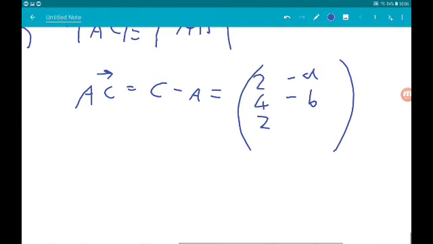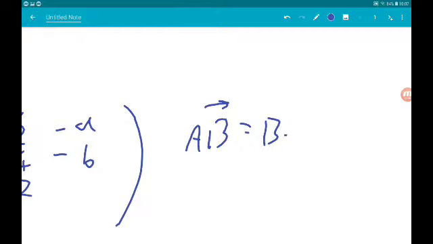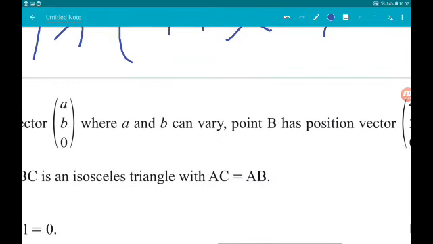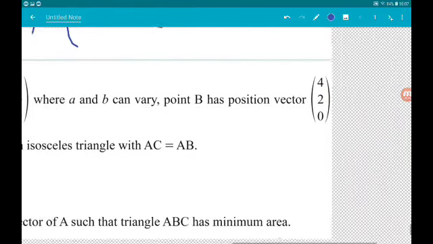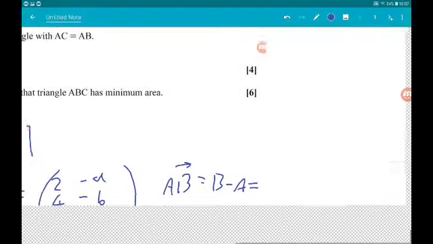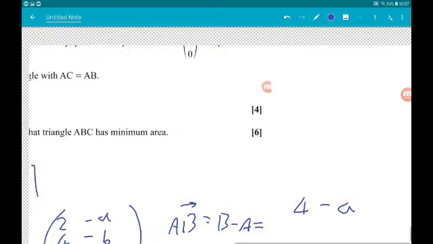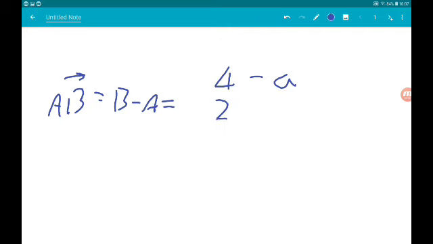Now let's also find AB. So AB is B minus A. So that is (4, 2, 0) minus (a, b, 0). So 4 minus a, 2 minus b, 0.